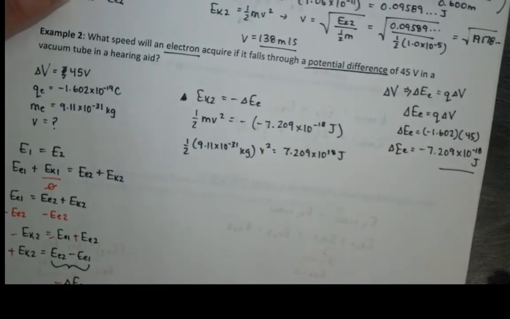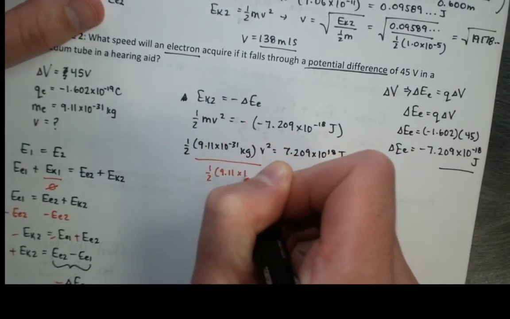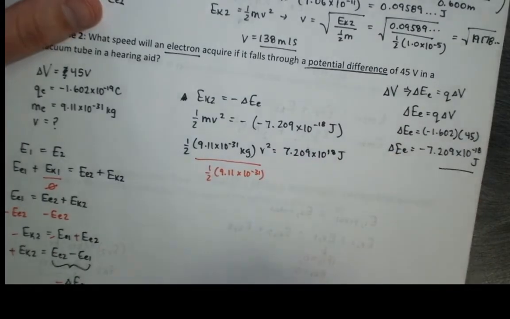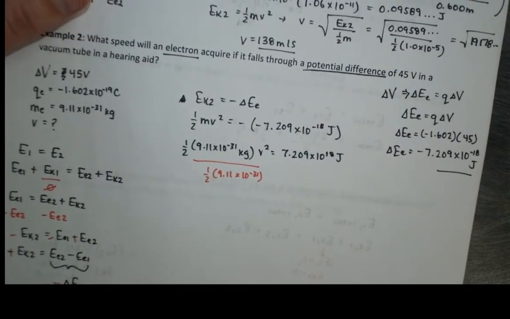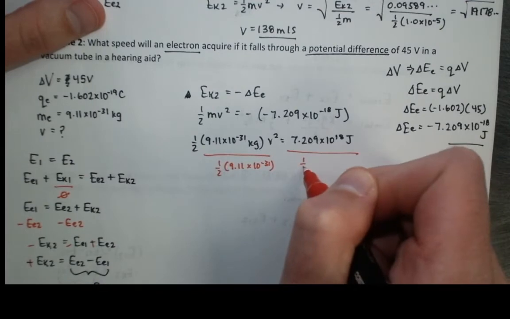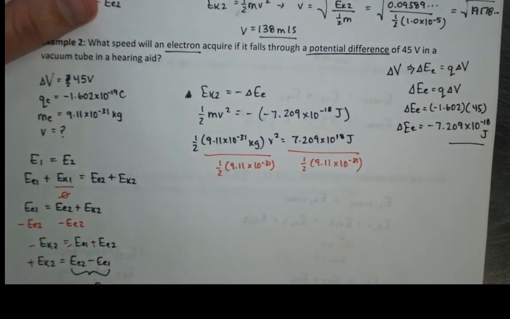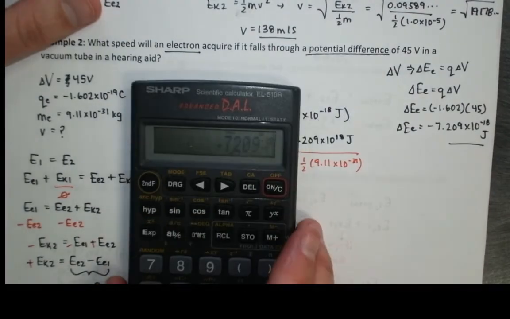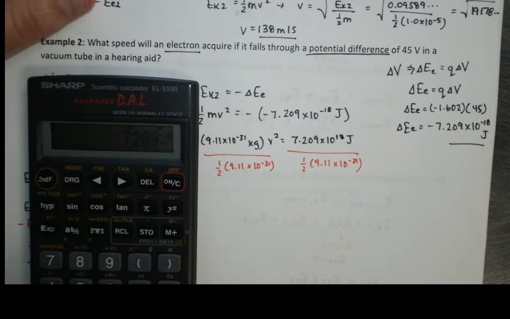And we would need to divide both sides. Of course, if you wanted to just immediately put in v equals the square root of EE divided by half m, you could also do that. I kept this 7.2 in my calculator, but it's negative, so I'm just going to make it positive.